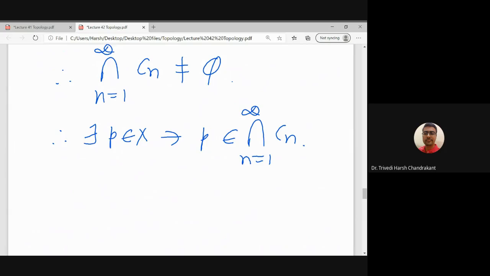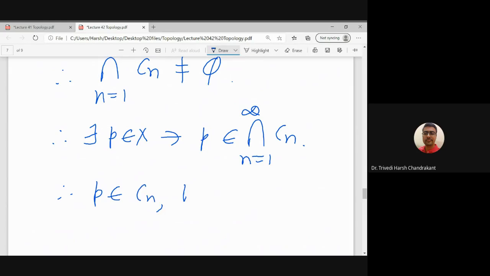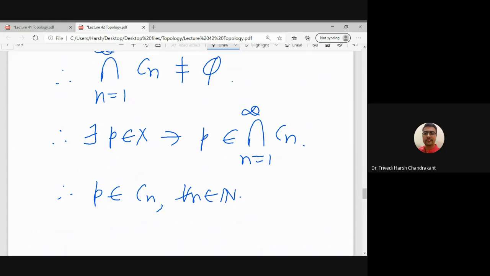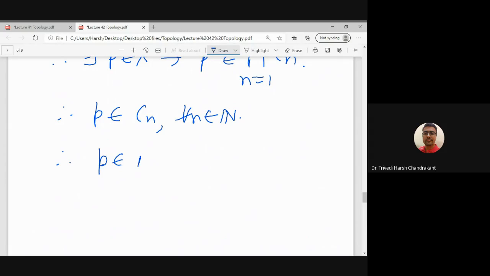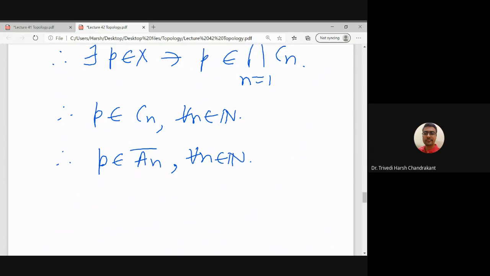And now since P belongs to the intersection, P belongs to each Cn, right? And what is Cn? Cn is nothing but the closure of An by the definition of Cn.